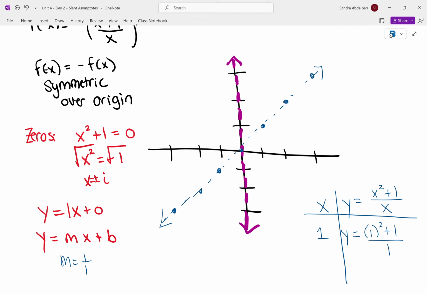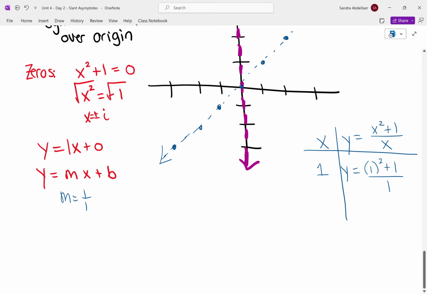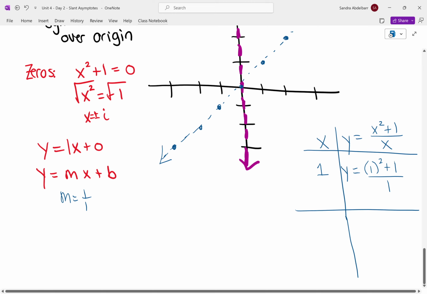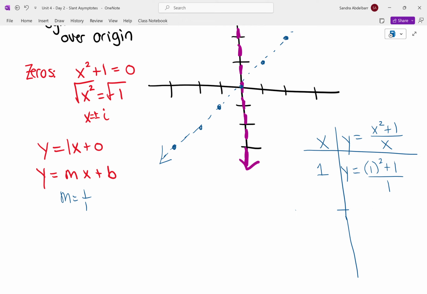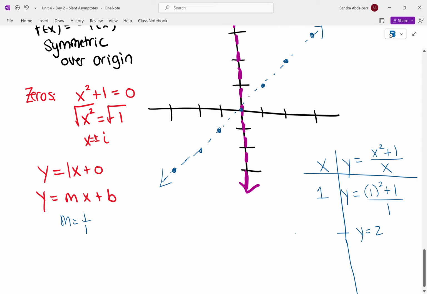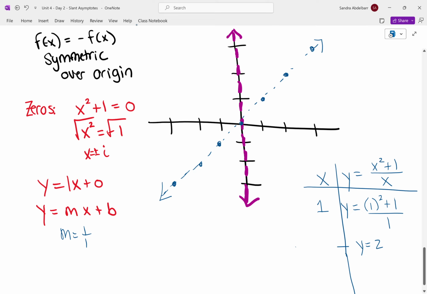And I will choose +1 first. So y will equal 1 squared plus 1 over 1. So this is going to be 2. So that means we're going to have the point (1, 2). So what does this tell us right now?